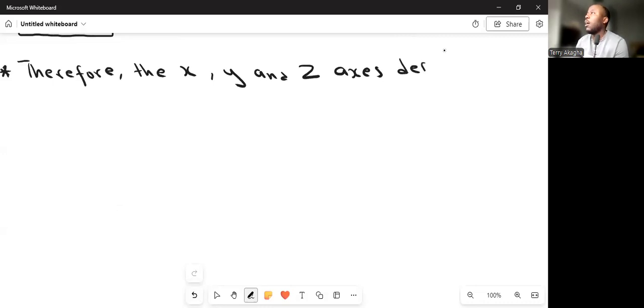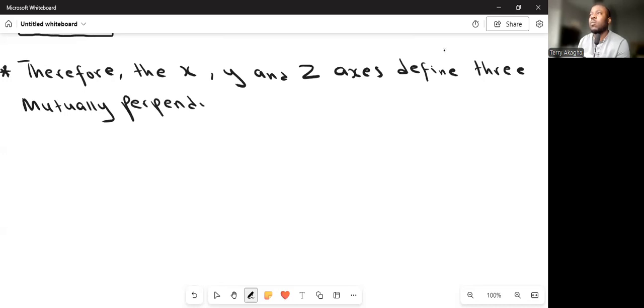They define three mutually perpendicular directions for the axes.